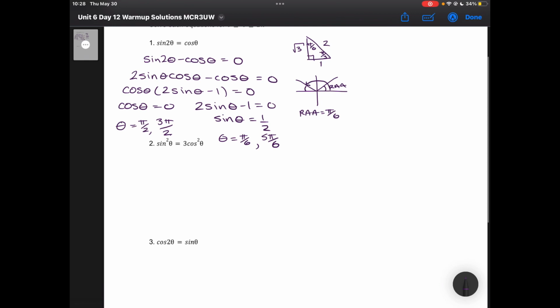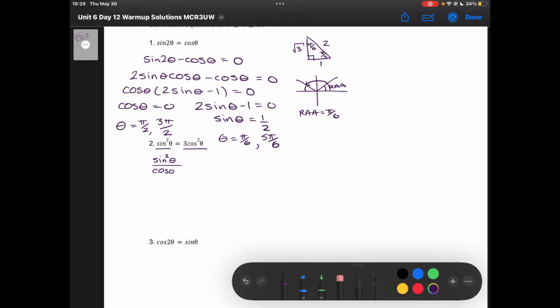The next one that I have here, I notice that they are squared on both sides. And so what I'm going to try doing here is divide both sides by cos squared theta. So let's try that. I've got sine squared theta, divide by cos squared theta on both sides.